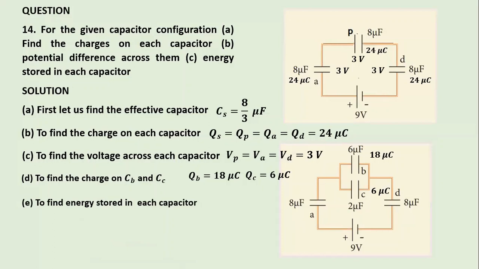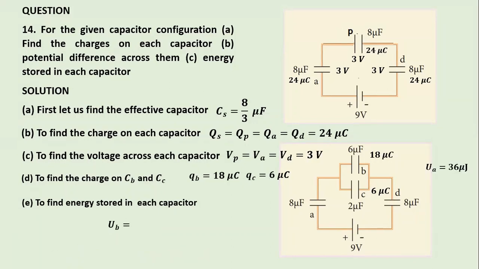Let us find the energy stored in each capacitor. We know that epsilon A equals 1/2 CA VA squared. We know the value of CA as 8 microfarad, and the value of VA is 3 volt. Substituting that, the energy stored in capacitor A equals 36 microjoule.